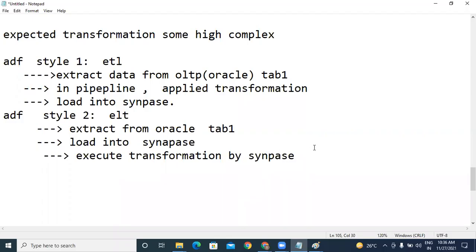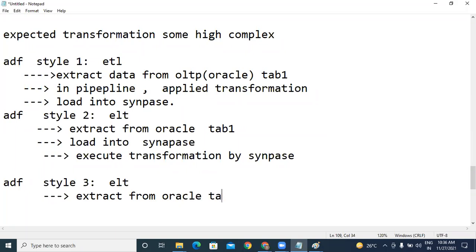Again, I am coming to type 3, sir. ADF work style 3. I am treating this as ELT, but changing the things. Extract from Oracle tab 1. The first step is common. Load into data lake.